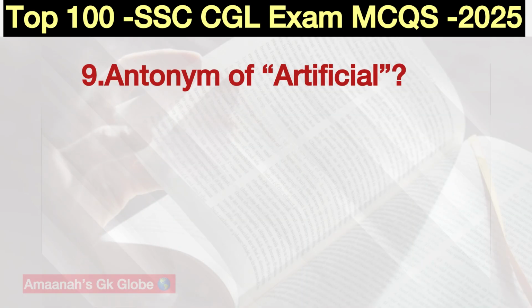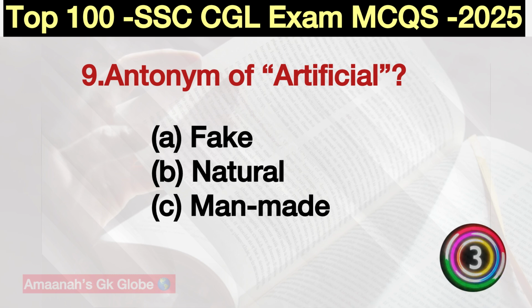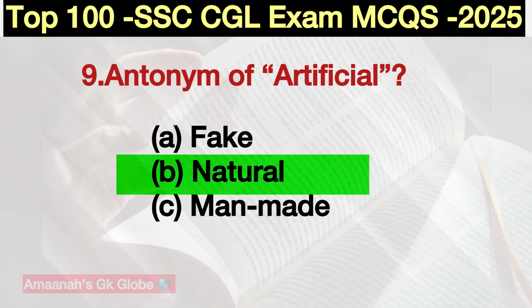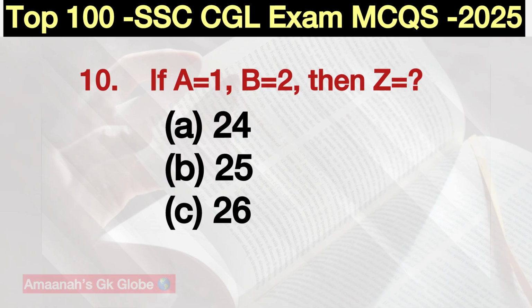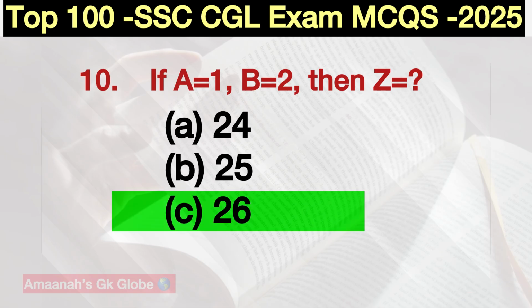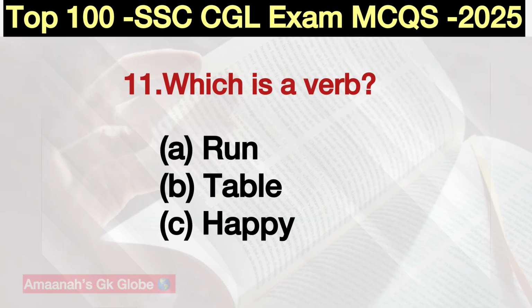Question number 9. Antonym of artificial is. Option B, natural. If A is equal to 1, B is equal to 2, then Z is equal to. Option C, 26. Next question is which is a verb?